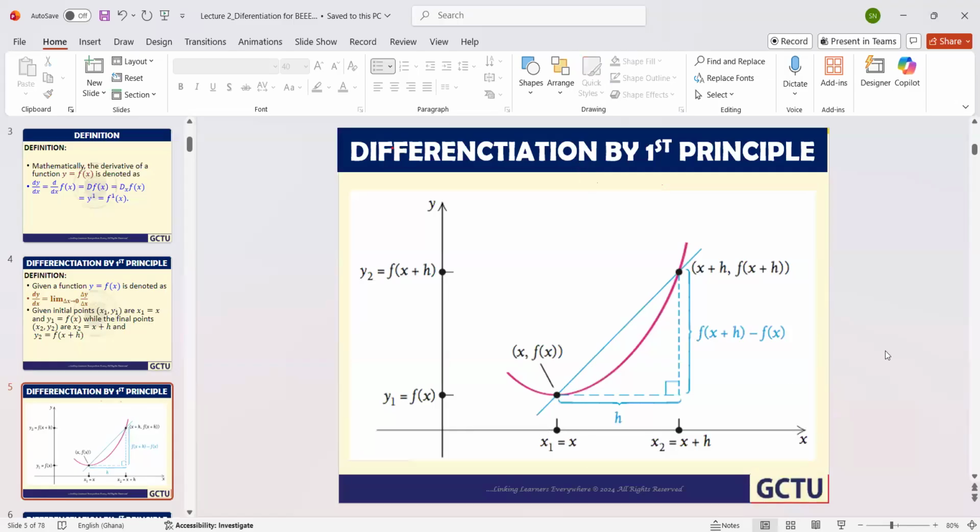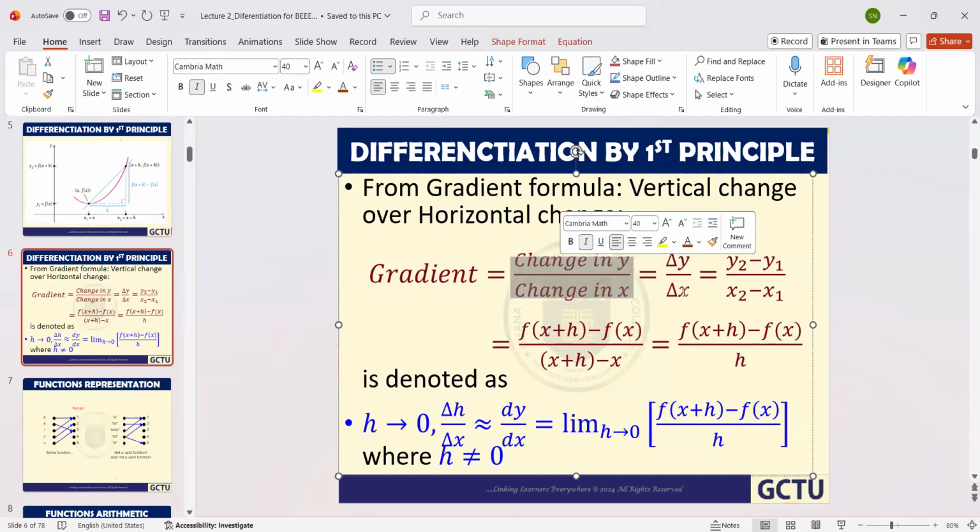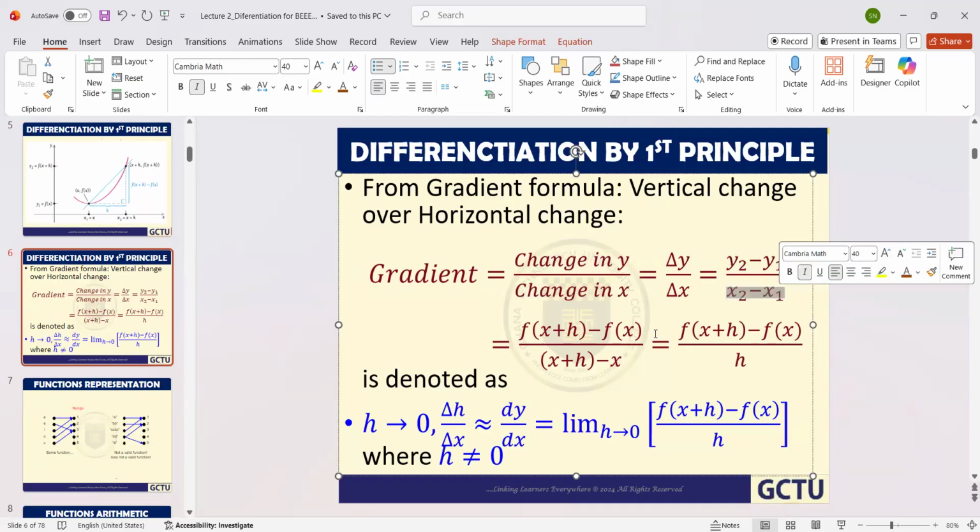When we put this into equation form, the gradient of that curve is change in y over change in x, which we refer to as y2 minus y1 over x2 minus x1. So far as the graph is concerned, it is f of x2 minus f of x1 all over x plus h minus x. The numerator will remain as f of x plus h minus f of x, and the denominator will simply reduce to the value of h.